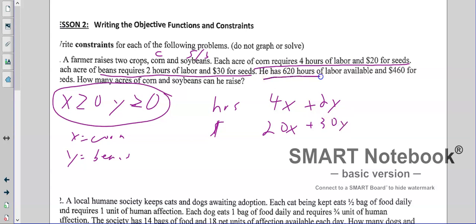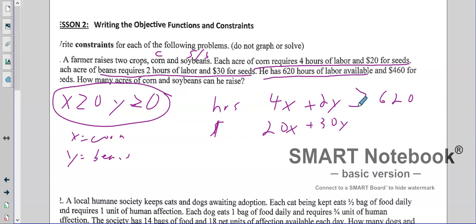He has 620 hours available. That's the maximum amount of hours, 620. Now, sometimes our brains will trick us on this one, so you really got to go slow and take your time on this and double check it. So some people say, well, that's the maximum amount of hours, okay? So I'm going to put greater than or equal.